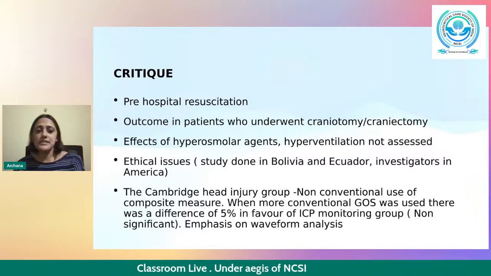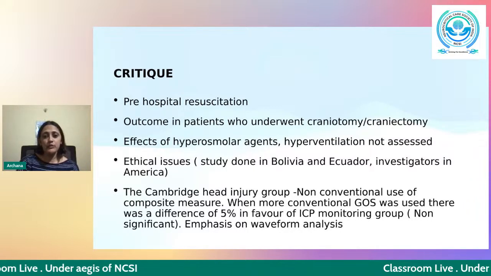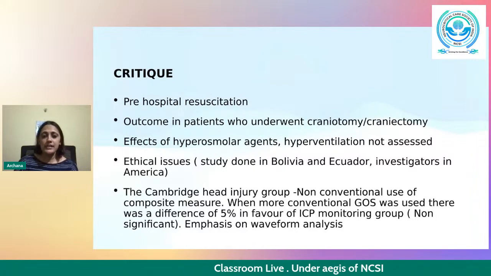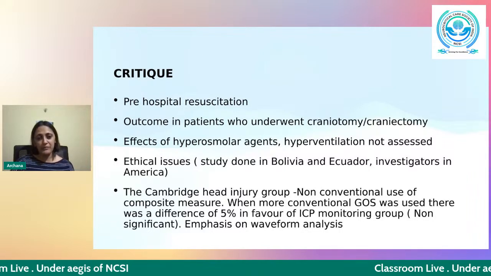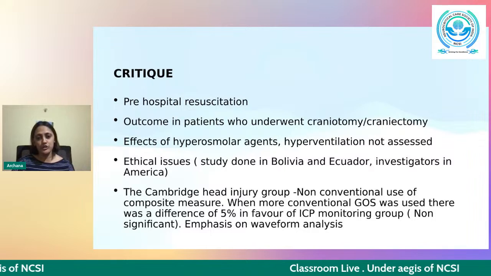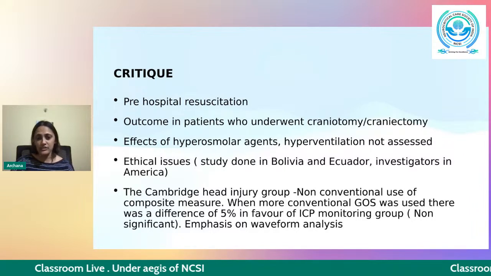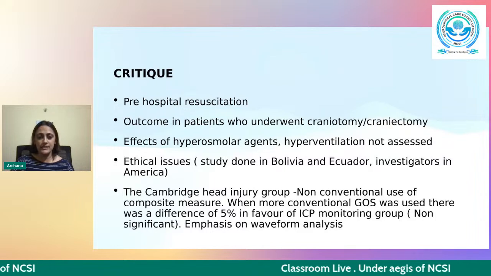And this study also had an ethical issue, that this study was done in Bolivia and Ecuador, and the investigators were in America, which brought out a question that maybe this study had an ethical issue, and hence it was not allowed to be conducted in America, and so it was conducted in a third world country, which was easier.